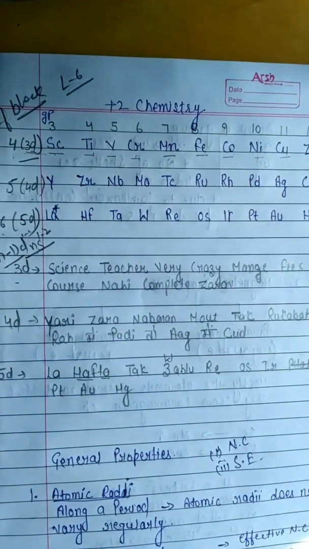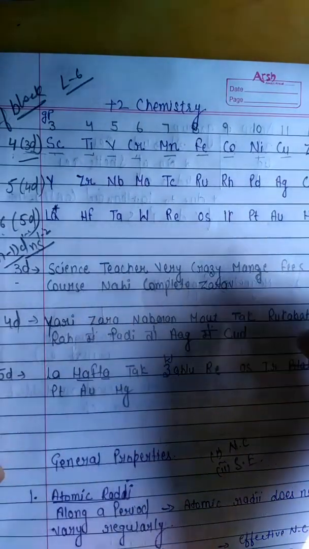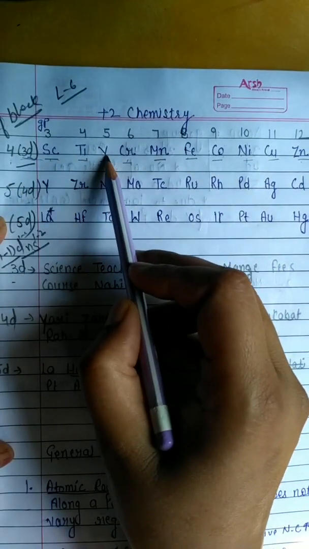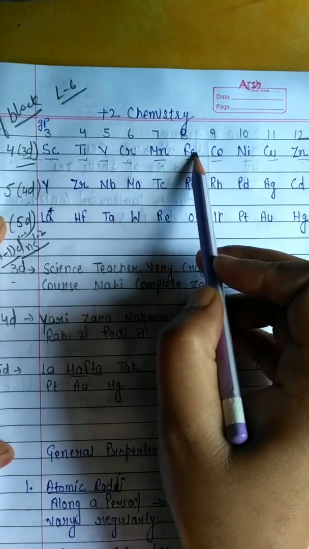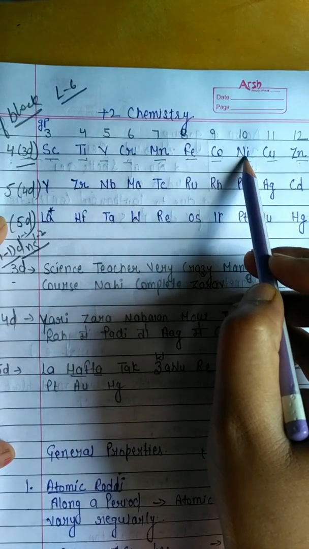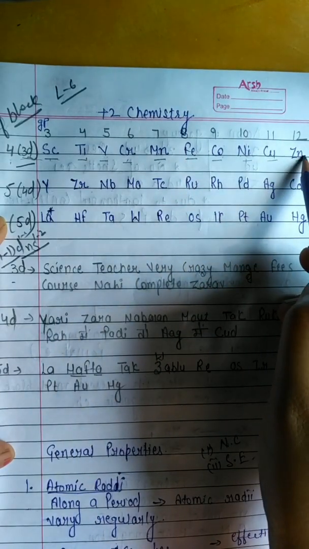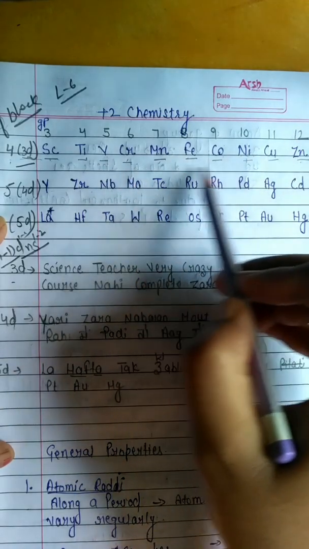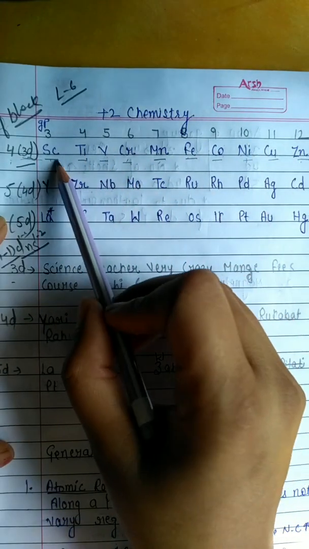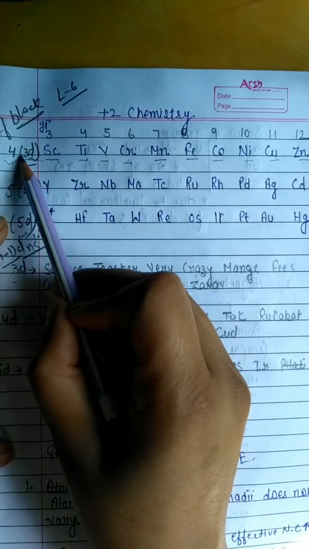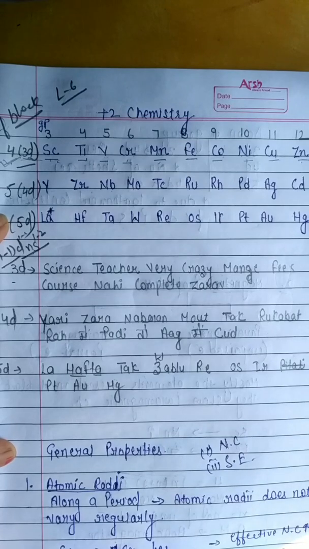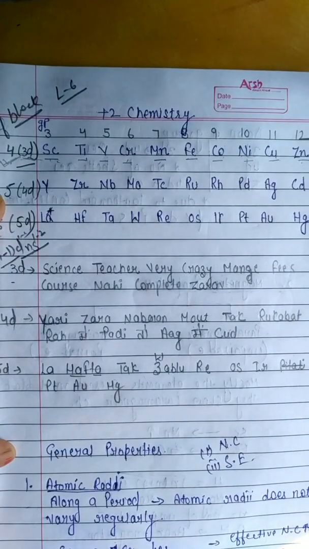Clear? This is a trick to remember the 3d transition elements, that is, the elements of the D block present in the fourth period.